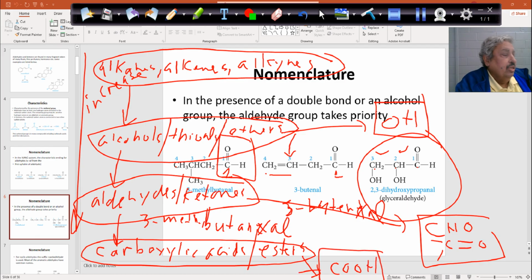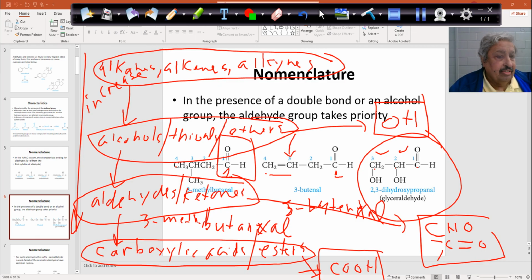If I have an aldehyde or ketone along with a carboxylic acid, the carboxylic acid will take over, and the keto group will be named as a keto group. Are you following me here? This priority is very important, because you name the compound according to this priority.